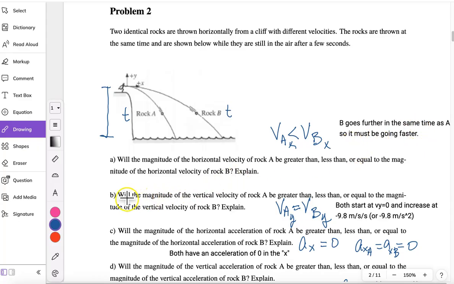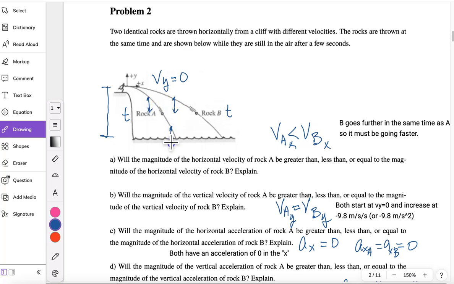For letter B, they want to know about the velocity in the y direction. Remember, the velocity in the y at the top is 0, so going up and down doesn't have any speed until it leaves the hand, and then we just think about the speed on the way down. So here and here, the speed on the way down is exactly the same.